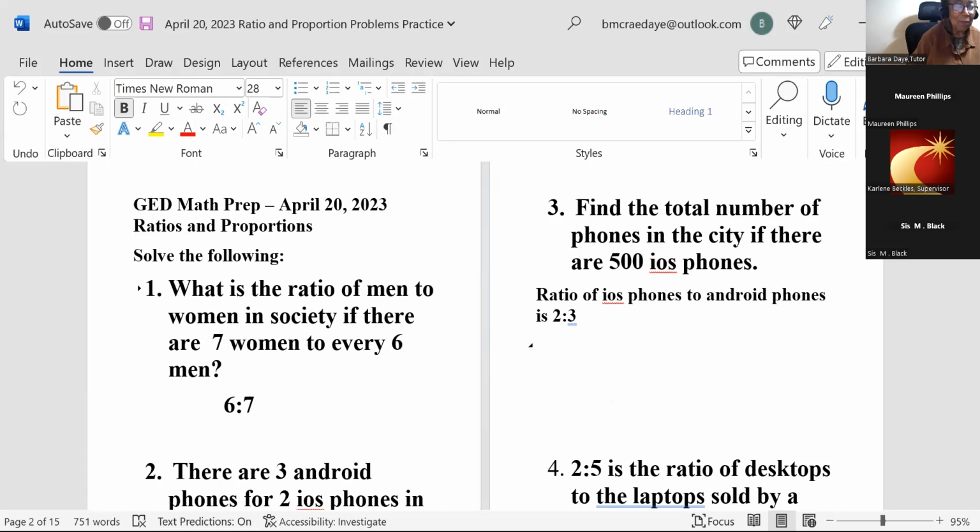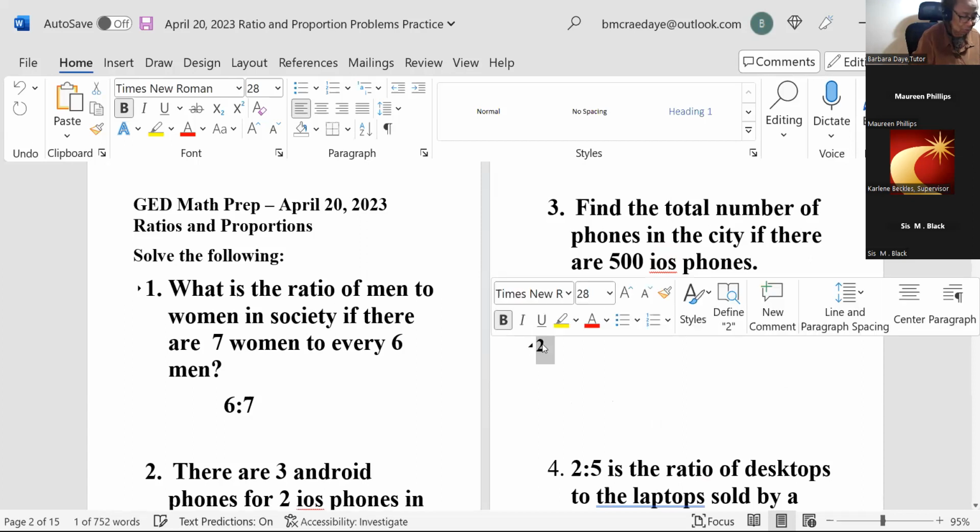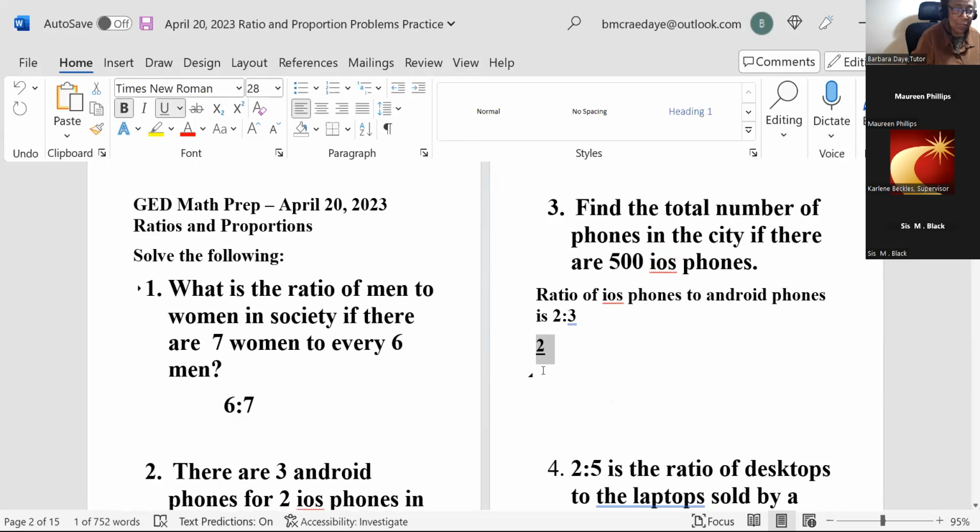Now, remember I said a ratio proportion is setting two ratios equal. So I'll get you started. Let's take our ratio 2 to 3 and write it as a fraction, because we want to do some solving here. So that's a ratio, and we want to set that equal to 500 over something.